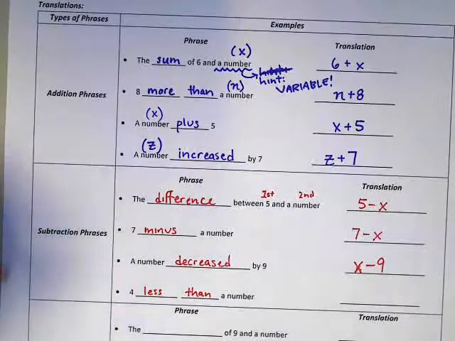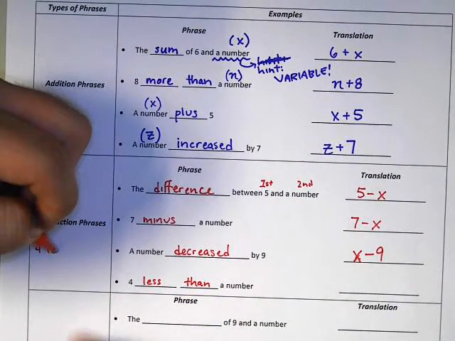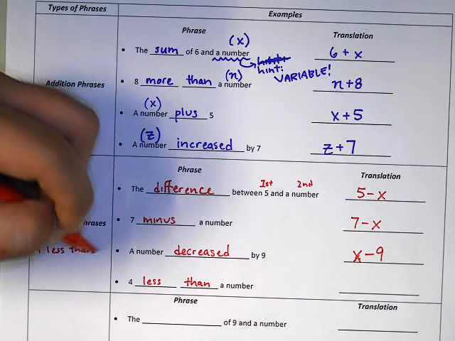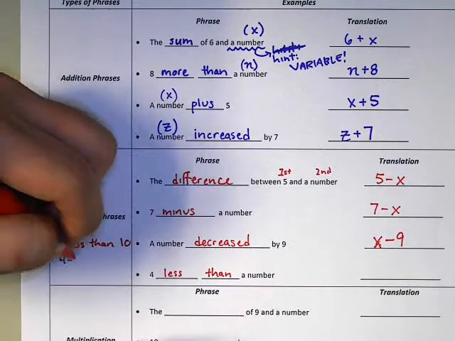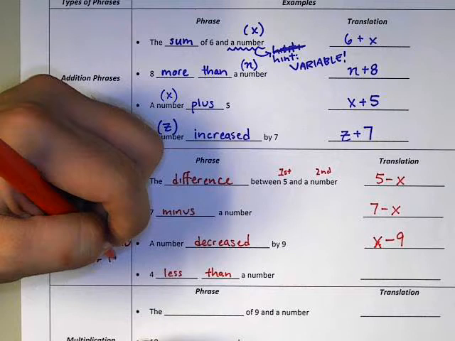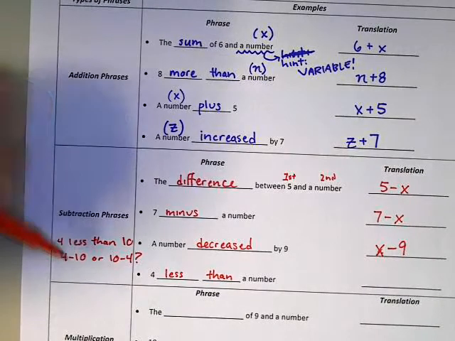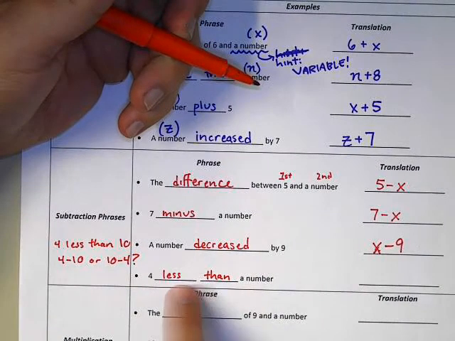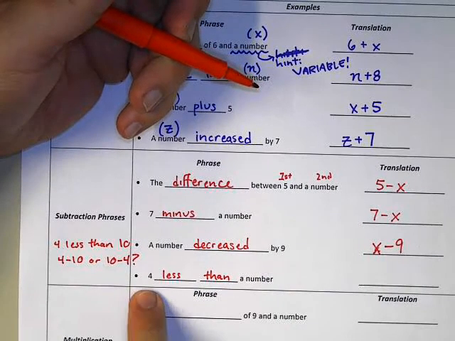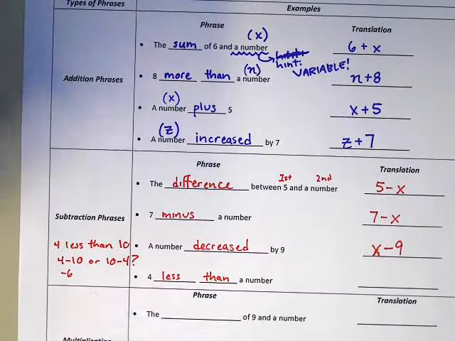So now we have to be really careful. If we were to try to do that on paper, 4 less than 10, what would we do? Would we do 4 minus 10 or 10 minus 4? Well, hopefully you agree 4 minus 10 is the order that it looks like it's in, right? 4 less than a number. 4 less than 10, 4 minus 10. The problem is that's negative 6. That's not what we got.